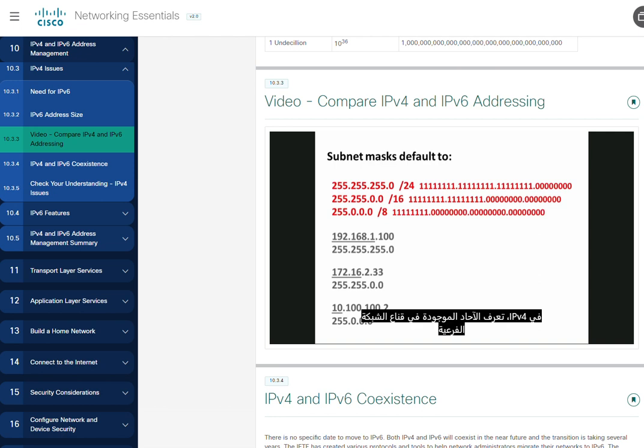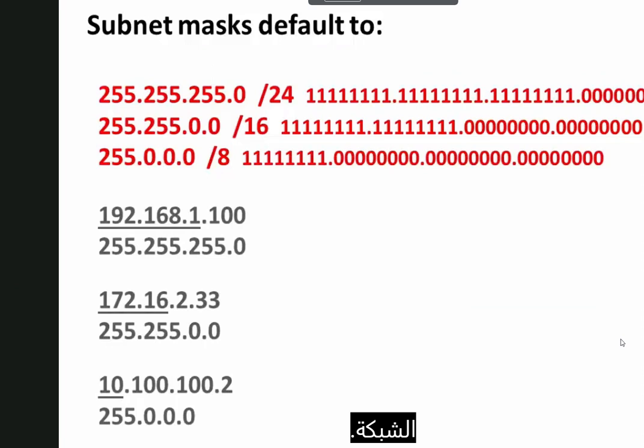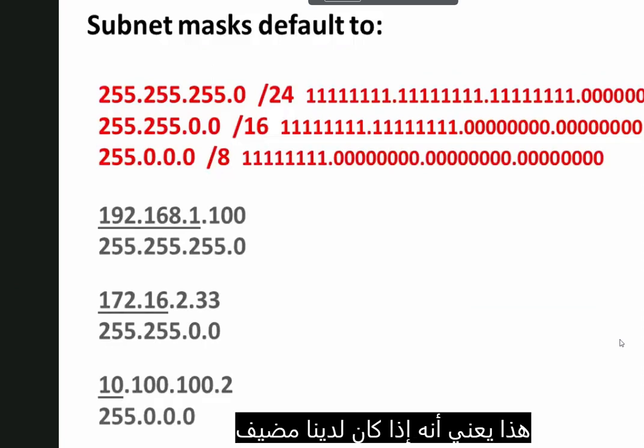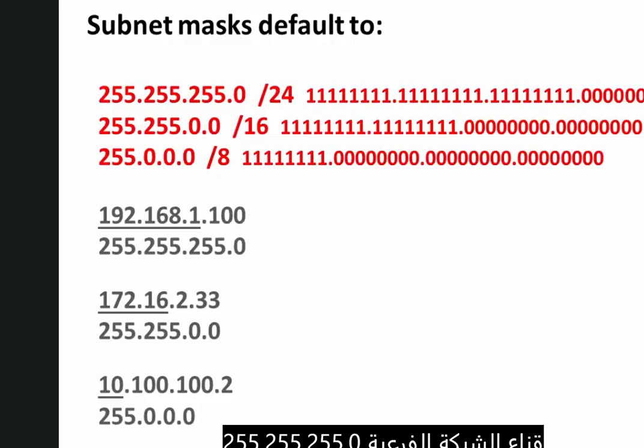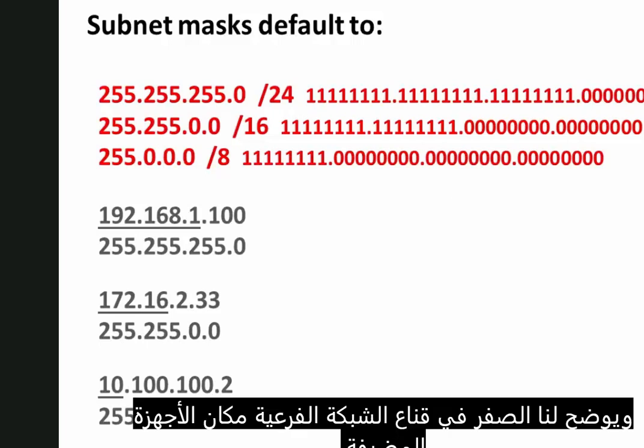With IPv4, the ones in the subnet mask define the network. In other words, if we have the host 192.168.1.100 with a 255.255.255.0 subnet mask, the 255s tell us where the network is. It's the 192.168.1 network. The 0 in the subnet mask tells us where the hosts are.